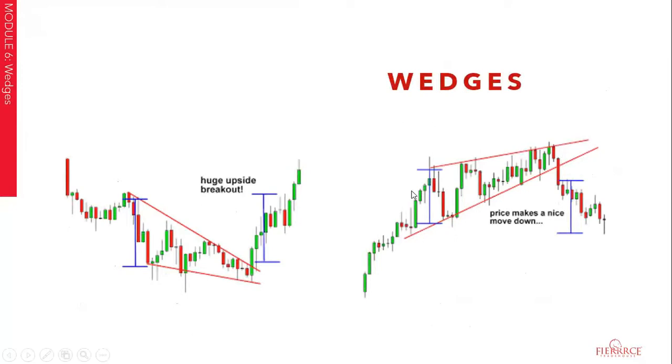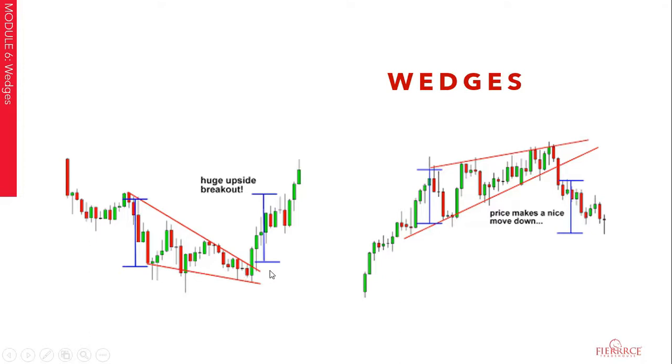Now, we also have a different type of chart pattern called wedges. These almost look the same as ascending and descending triangles. Do you notice the difference? The difference is clear. With a bearish wedge or a downtrend wedge, we see that the support zone is also moving down.